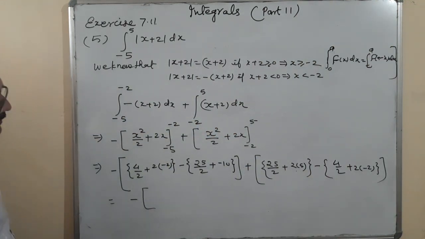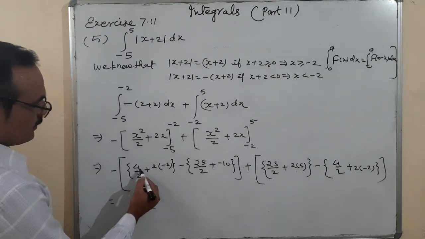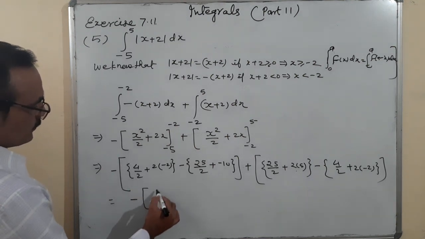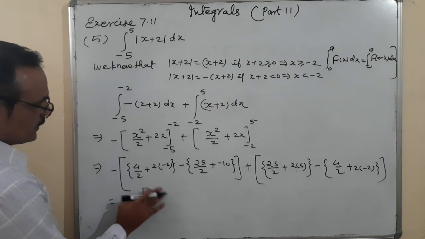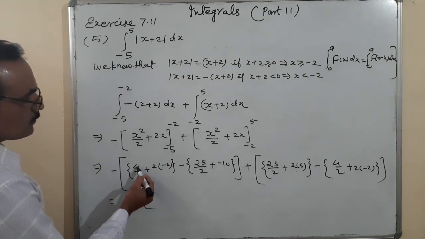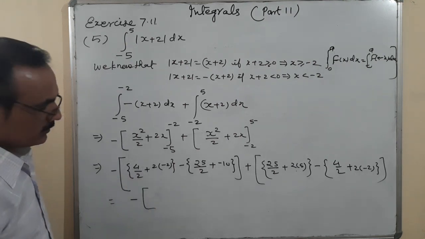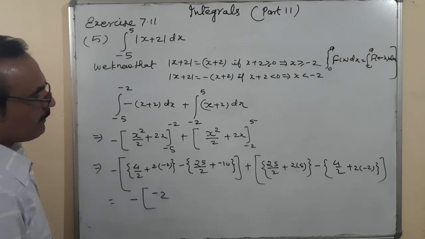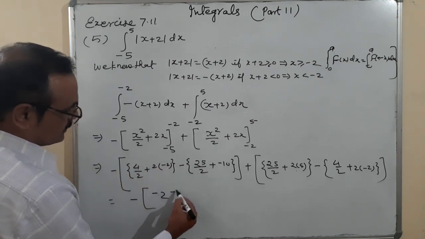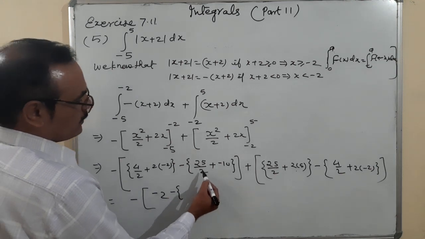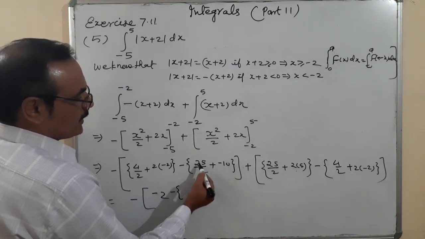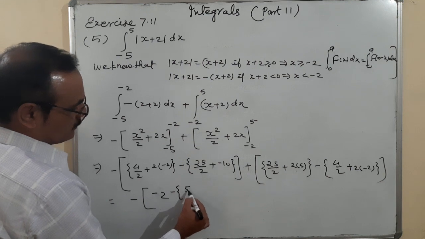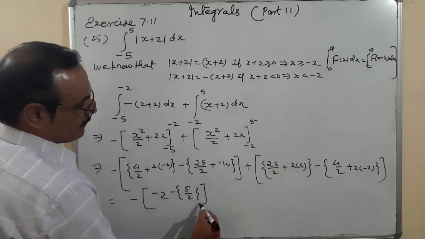Minus sign. Now calculate the term. 4 upon 2 is 2, and it is minus 4, so 2 minus 4 is minus 2. Minus, in a bracket, what is coming here? Minus 20 plus 25, 5 upon 2, plus.